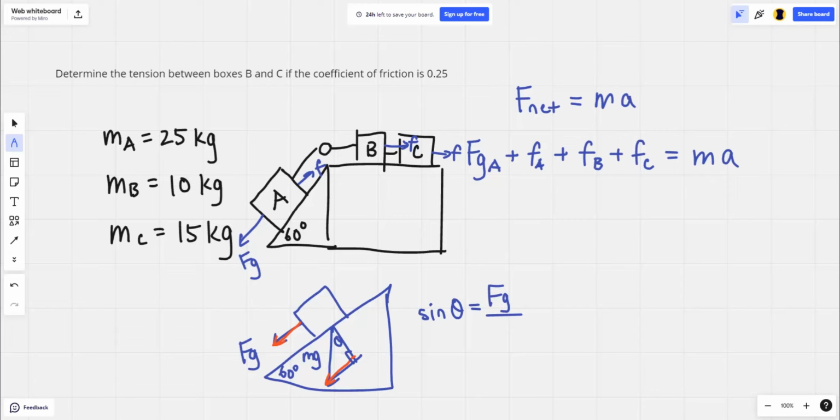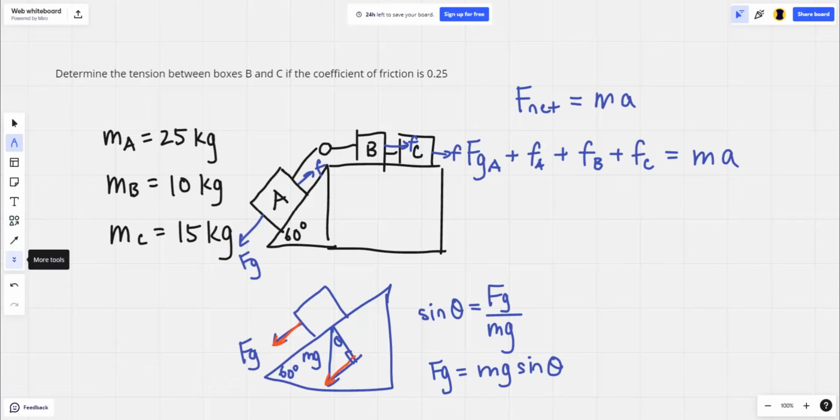So the hypotenuse in this triangle here is mg. And we want FG, so to isolate for FG, we can multiply mg by sine theta. So that's the formula that you use for the force of gravity when an object is at an incline.